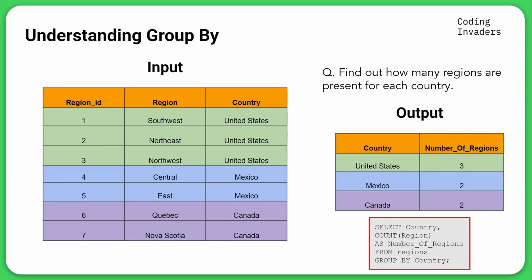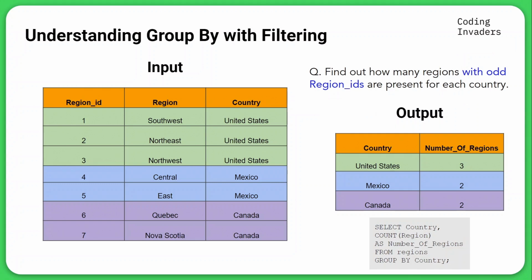Now let's consider a slightly different problem. Here, the problem is modified as: find out how many regions with odd numbers are present for each country. So the problem has slightly changed. Pay attention to the condition of odd region IDs. So now I have a follow-up question for you all.